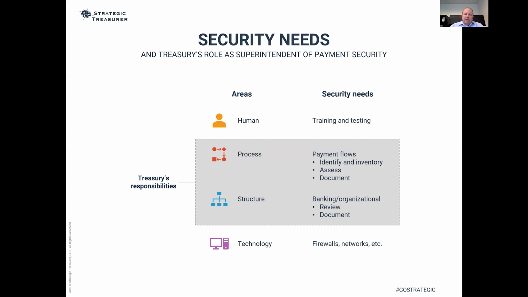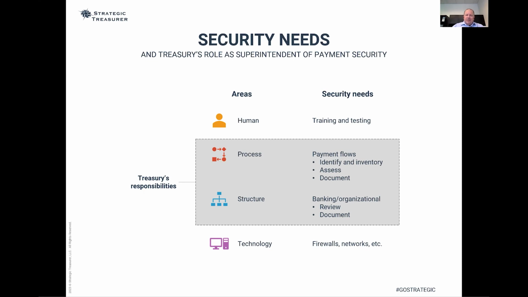What do we mean by superintendent? If you went to school or you had schools where there were superintendents, they were responsible for overseeing the overall operation of the school. They didn't serve in the cafeteria. They didn't teach all the classes. They didn't mow the lawn. They weren't the janitors, but they had responsibility overall for the school.